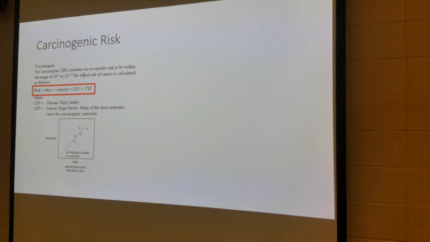So for the carcinogenic risk, the risk is given by the dose times the toxicity, which is also translated as the intake times the slope factor. Some problems are going to give you straight away the so-called slope factor, that's your threshold of response to a certain toxicant, times how much water you ingest per day.